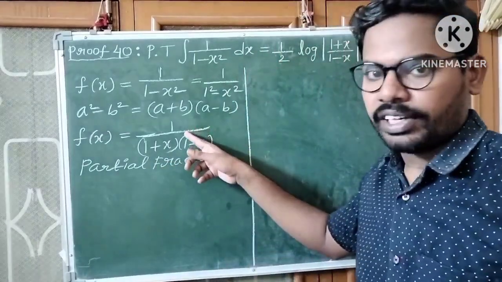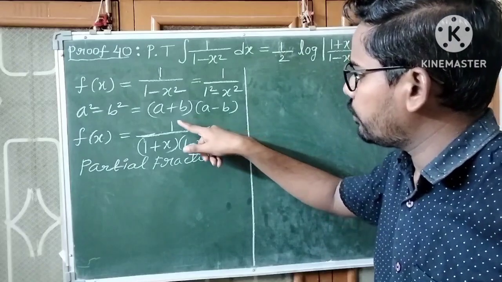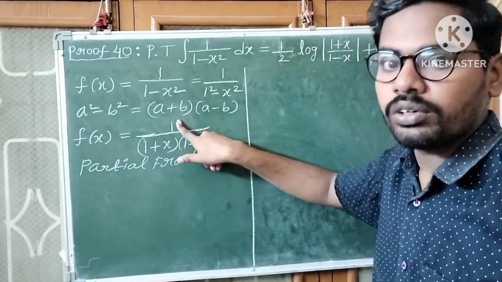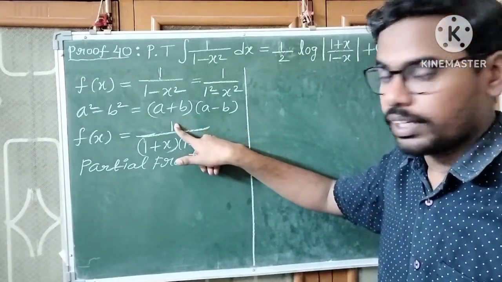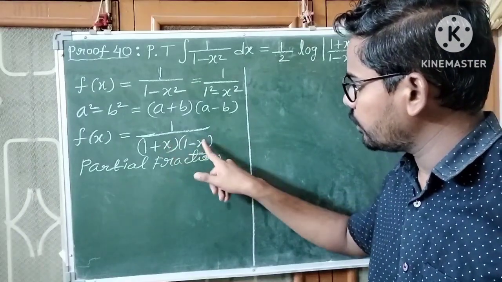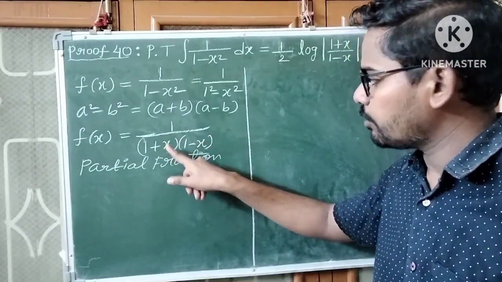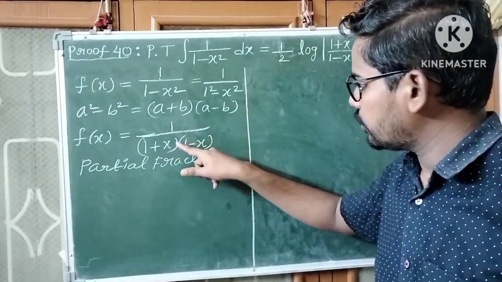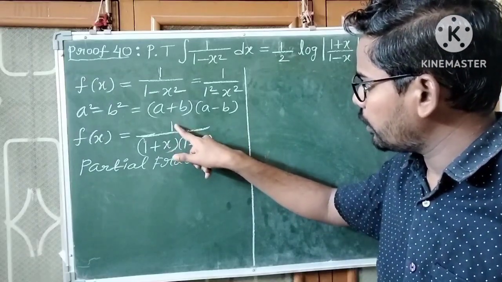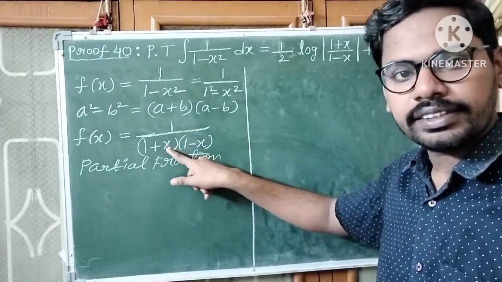So this is a proper fraction because the degree of the numerator is 0, because 1 is a constant polynomial. The degree of the denominator is x into x, x square, so the highest power of the variable is 2. So the numerator degree is 0 and the denominator degree is 2.